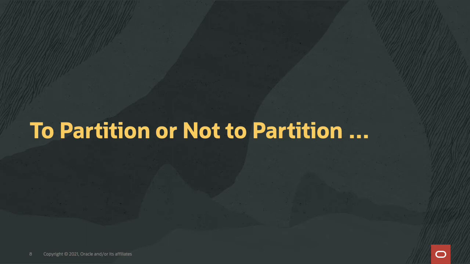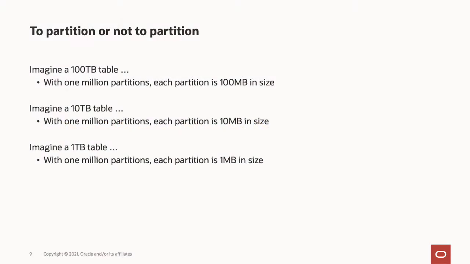To partition or not to partition? This is the question. To look into the decision of to partition or not to partition, let's make a quick theoretical mental exercise. Imagine you have a 100 terabyte table and you have equal data distribution across the partitions.